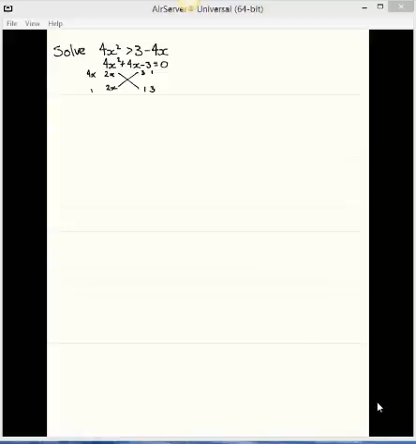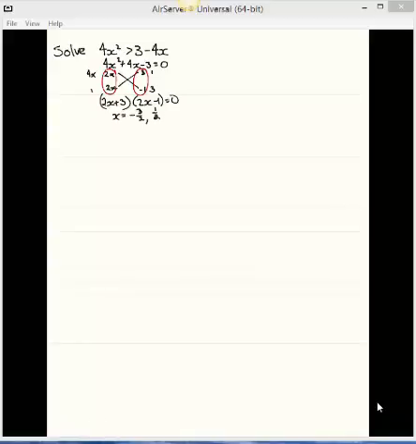So this works for 2x times 1, 2x, and then 2x times 3 would give me 6x. So if I make that 2x minus 1, then that's where I'm going to get my solution. So factorized is 2x plus 3, 2x minus 1, equal to 0. So therefore x must be equal to minus 3 over 2 or a half.